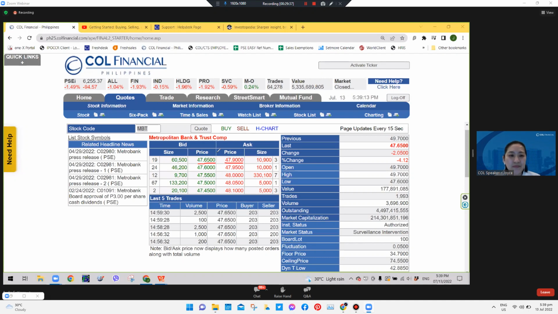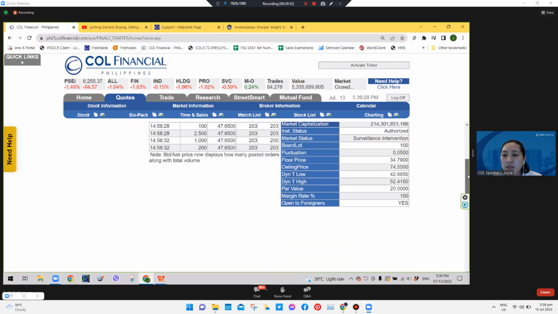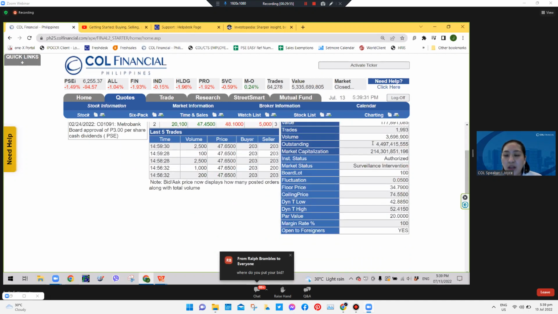So aside from this, one more thing that you have to take a look at is what we call the board lot. Let me just see the board lot here. It is found on the lower right side.